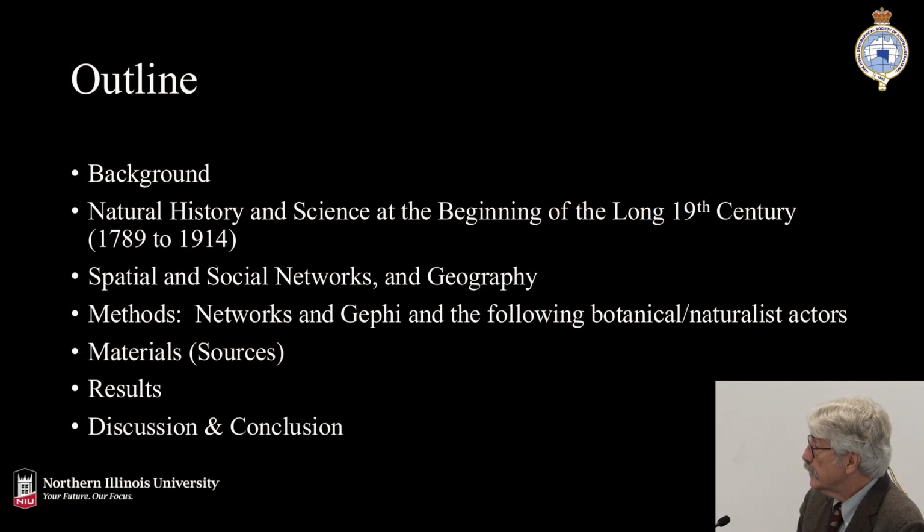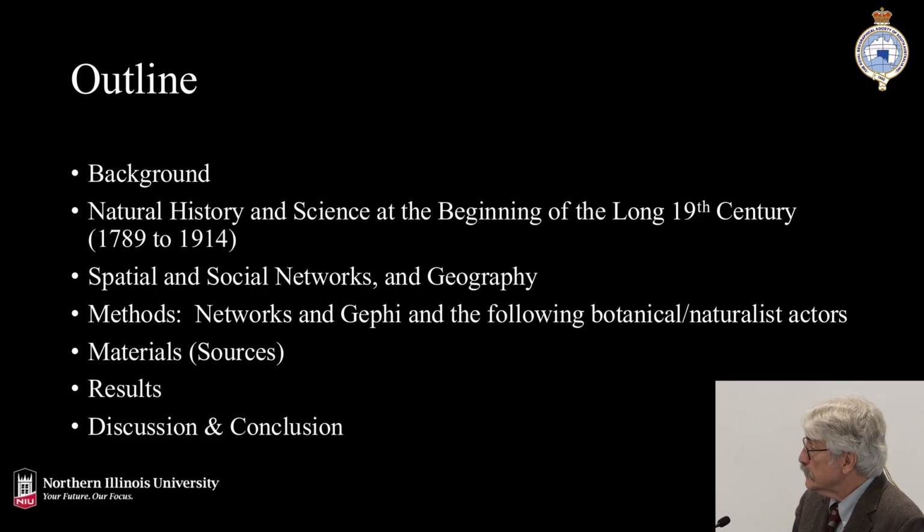Okay, so my outline: I'm going to give you a little bit of background about how I got into this. And then we'll talk a little bit about the natural history and science at the beginning of the long 19th century, which dates from 1789 to 1914, the French Revolution up to World War I. It's considered the long 19th century, characterized by revolutions, the Industrial Revolution, and the rising middle class.